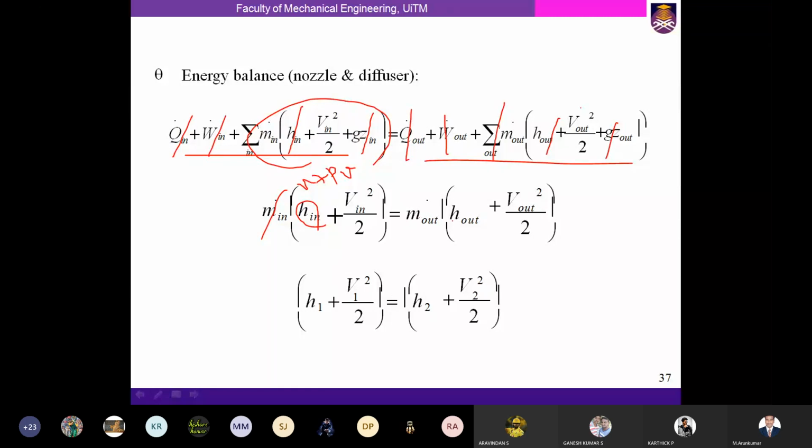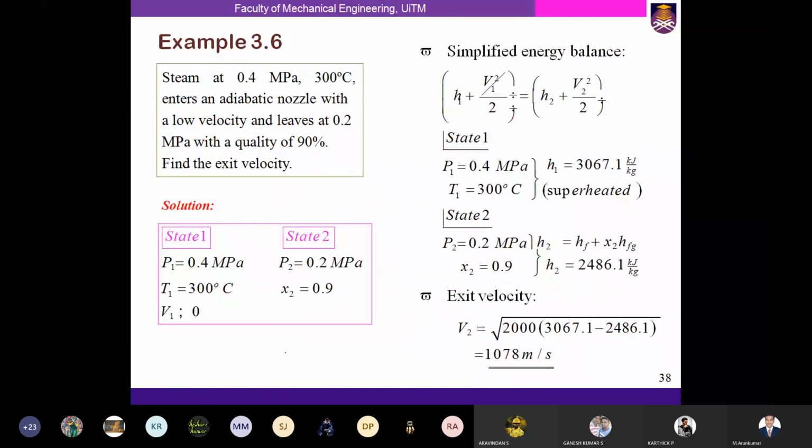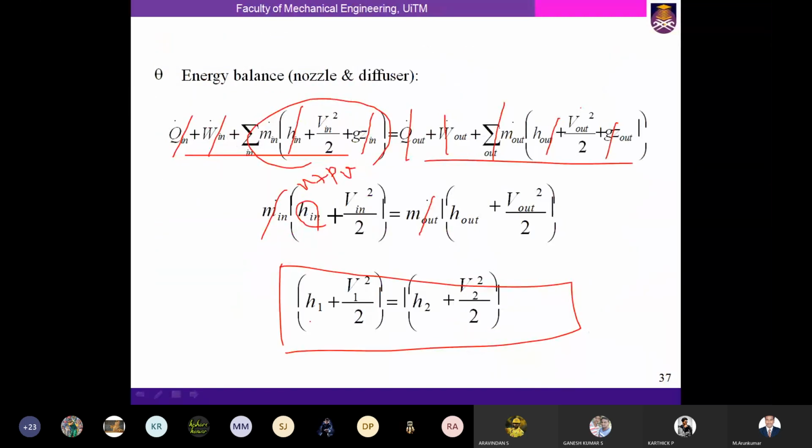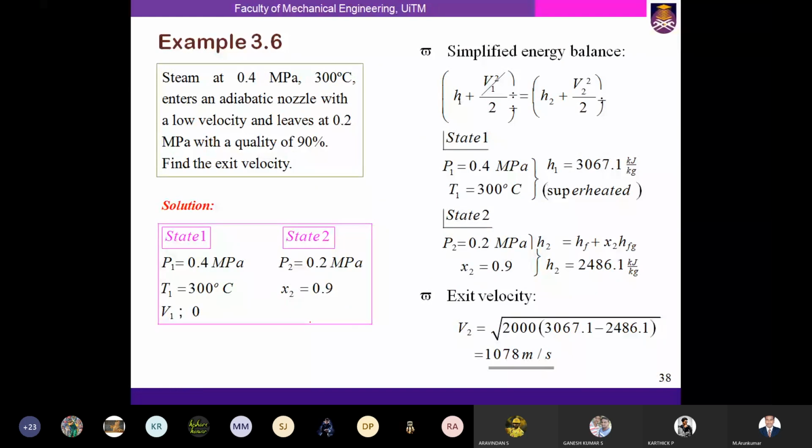We can also neglect this, since m in will be equal to m out for a steady flow. So we can have the final equation as H1 plus V1 squared by 2 equal to H2 plus V2 squared by 2. Just remember this formula, then we can solve this problem by applying it.